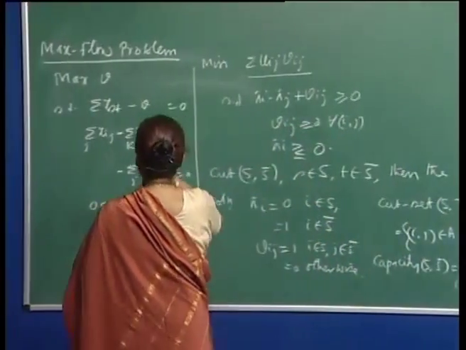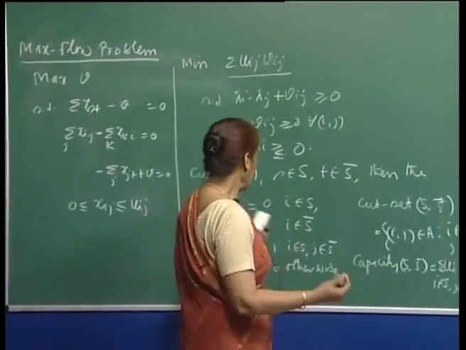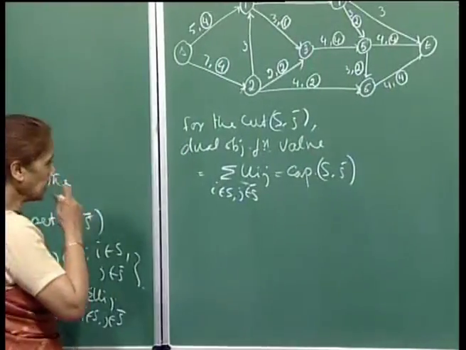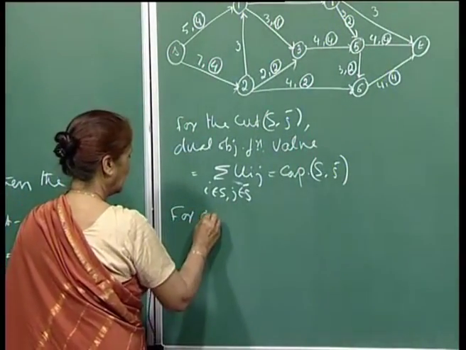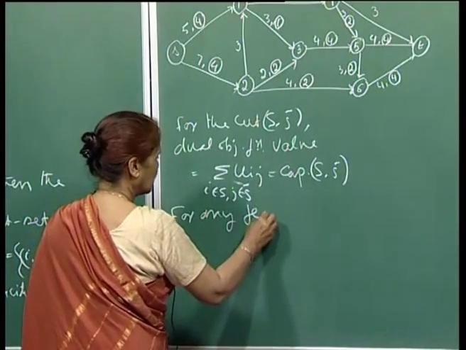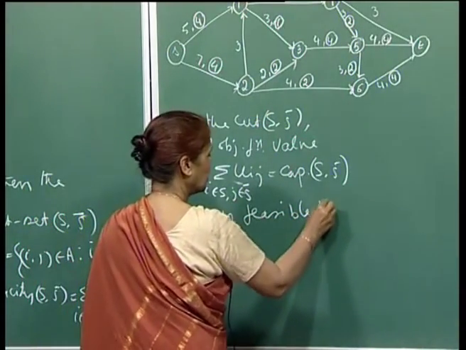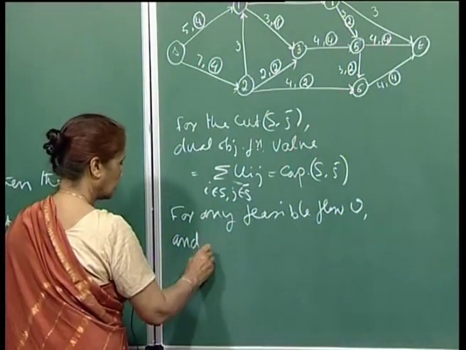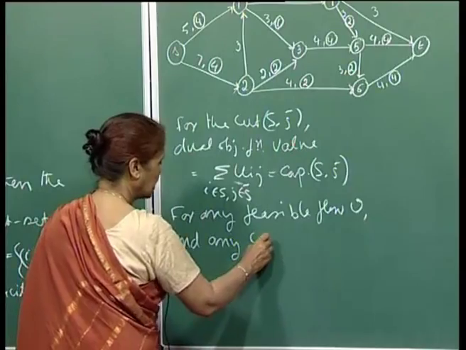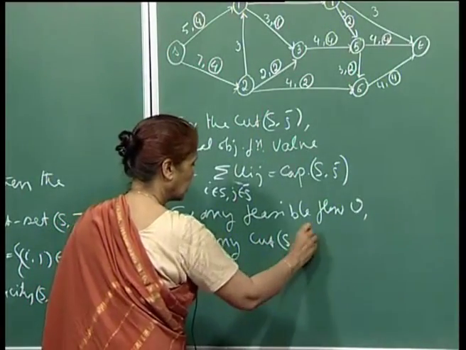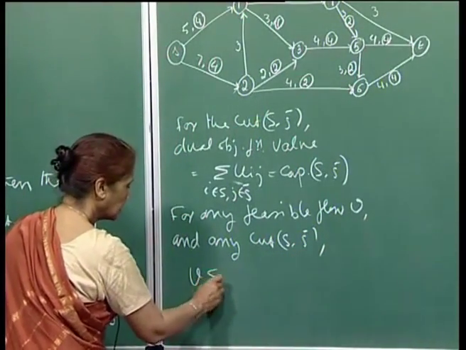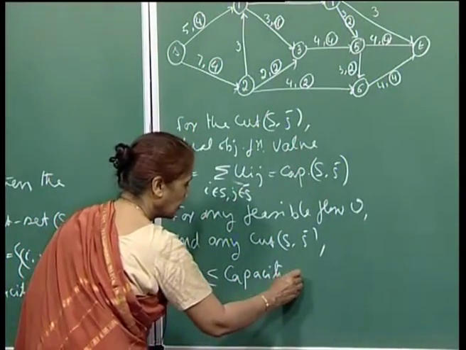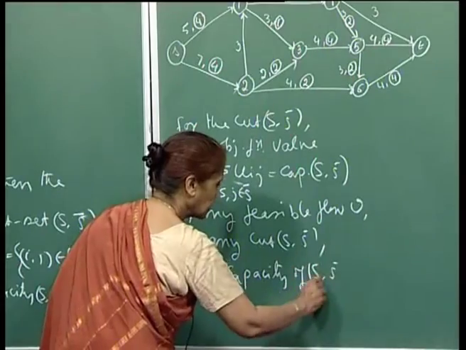So, here you see that for any feasible flow you have the value V. So, then you immediately get that for any feasible flow V, and any cut S, S bar, your V is less than or equal to the capacity of S, S bar.